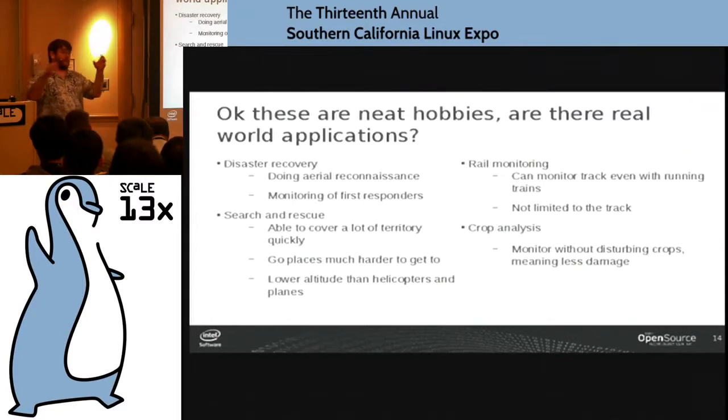Everybody was safe, happy, no one died. They're able to cover a lot more territory a lot quicker than a group of people. If you're out in the woods, sometimes finding a person is a matter of minutes. Minutes matter, particularly if they're in need of medical attention.